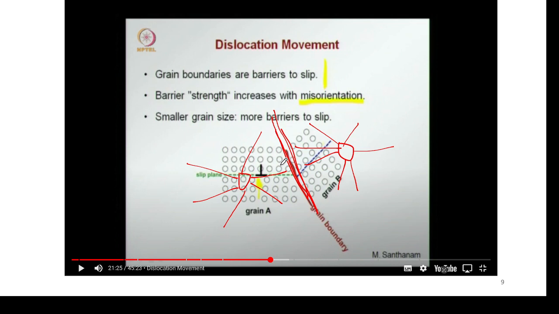Mostly there is a possibility that they will not be in the same direction, so there will be a little bit of discontinuity in their directions, and they may not be parallel. Dissimilar materials may form in this location, and that is called a grain boundary. So, this is grain A, grain B, and between them is called a grain boundary.